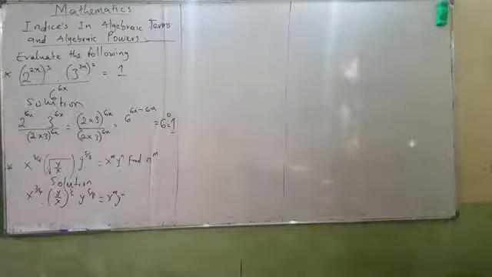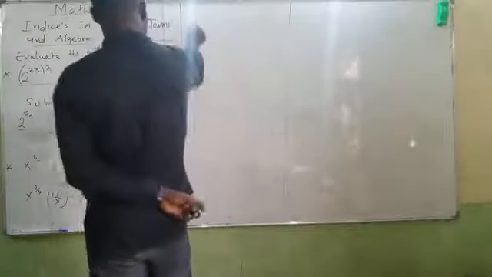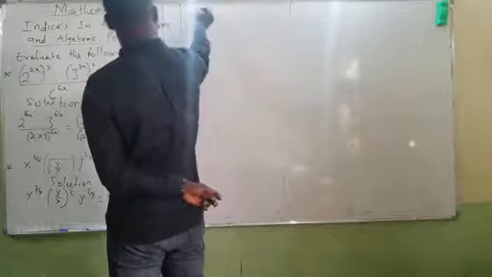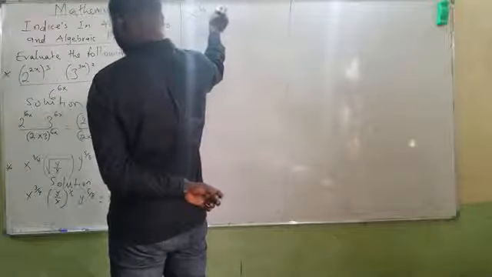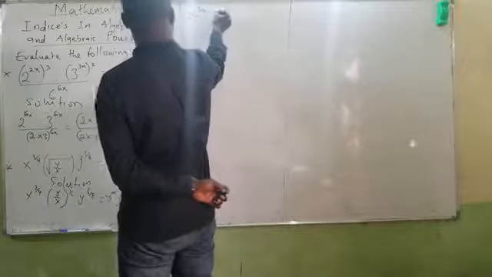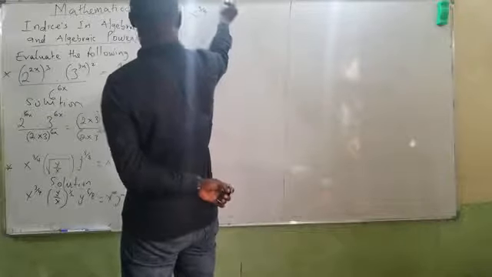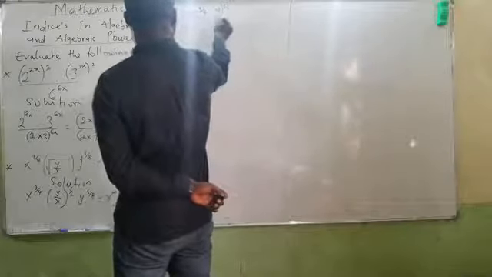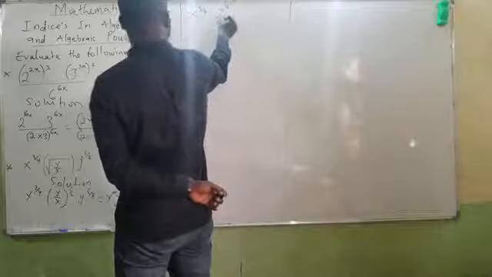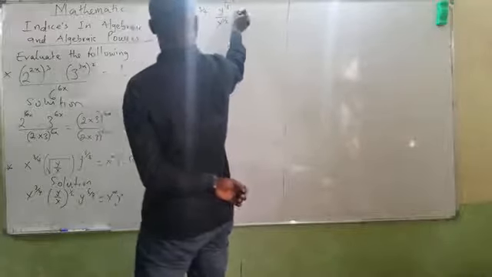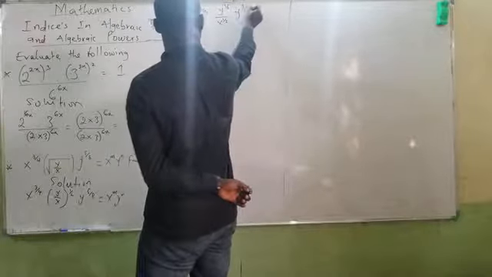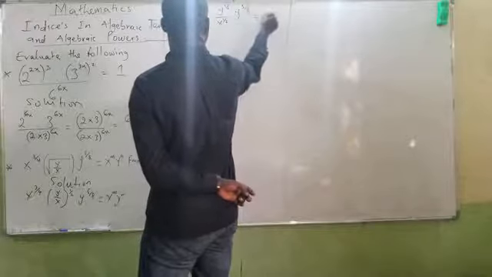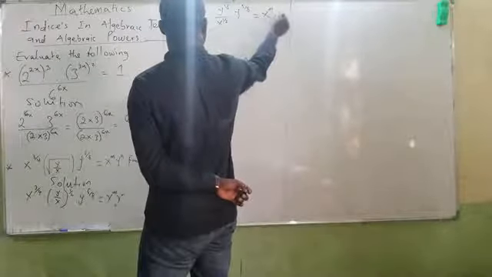Now since I have this, I can now say x raised to power 3 all over 4, and I'll be having y 1 all over 2, x 1 all over 2, and y 5 all over 8, and equals x^m y^n.